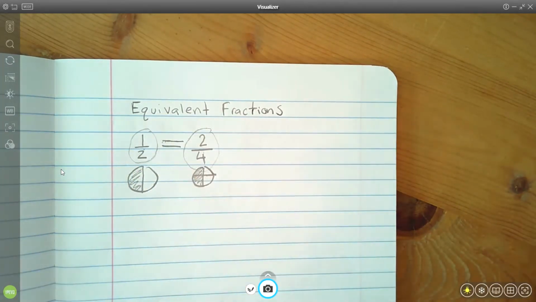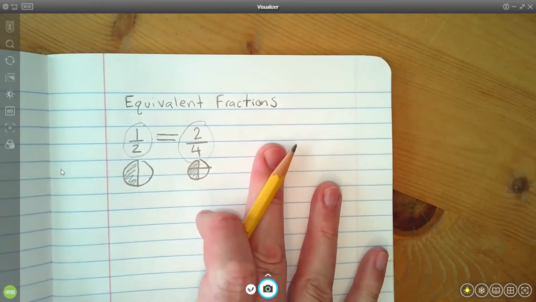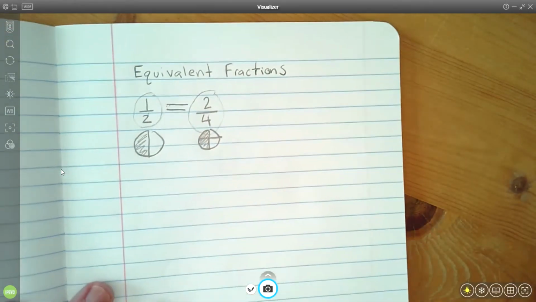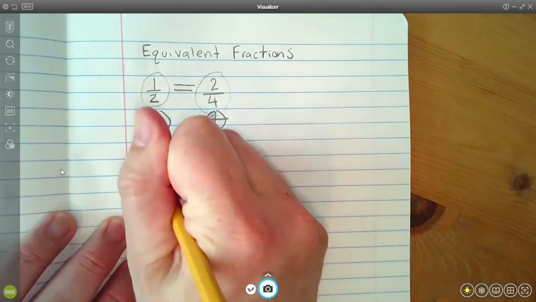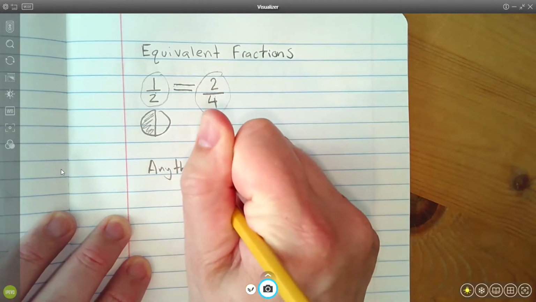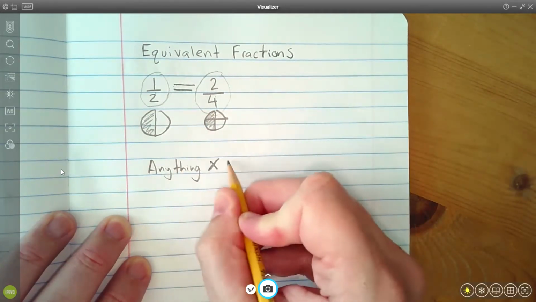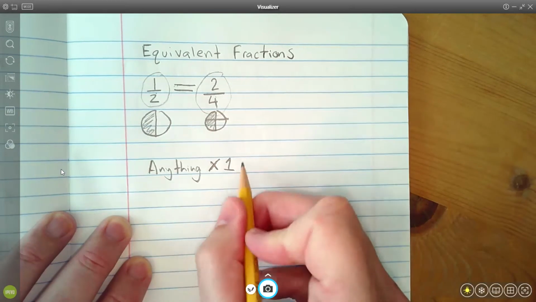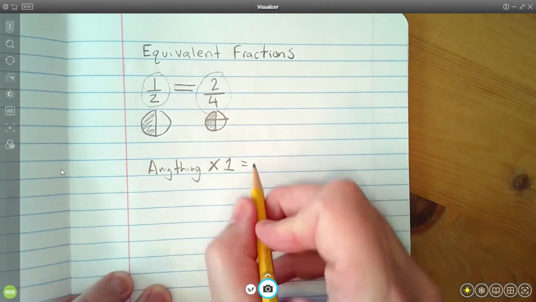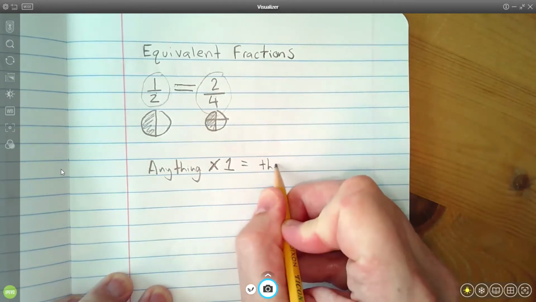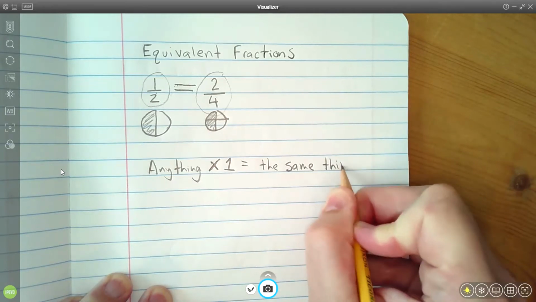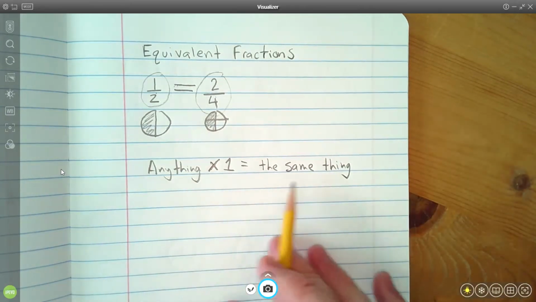Okay? I'm going to take you on a little tour through math law and tell you how this works. All right, so bear with me. I'm going to go down here, and we know this one. Anything times 1 equals whatever it was to start with, right? Anything times 1 equals the same thing.